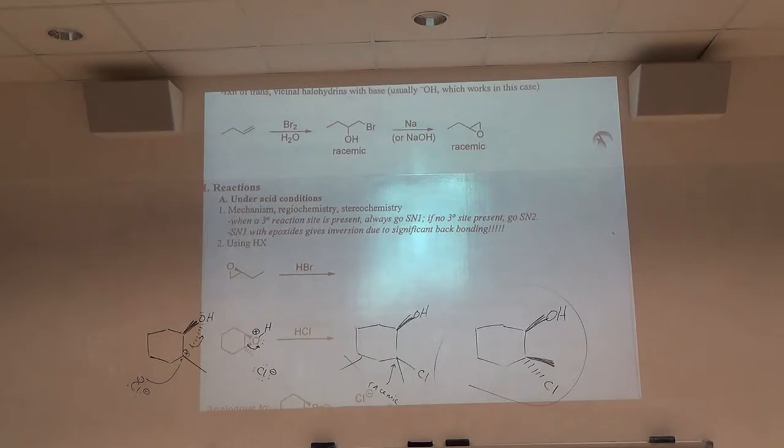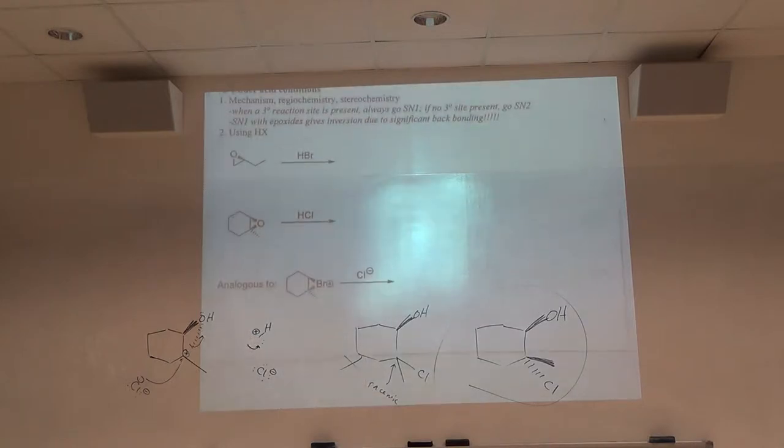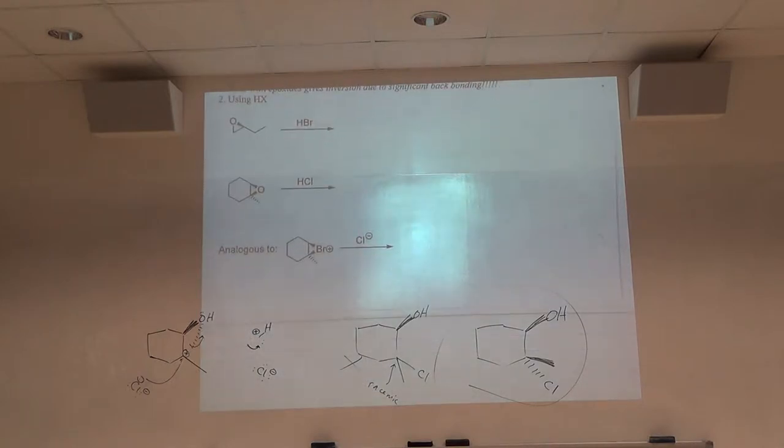Now how do we know that it's SN1 with inversion? Go run the reaction. That's what you're going to get. We're not making this stuff up. It's analogous to that there.